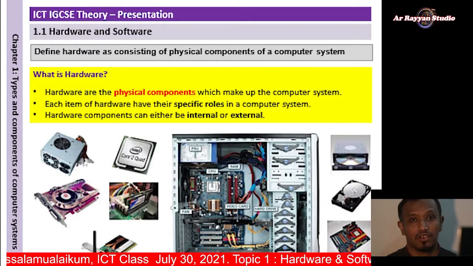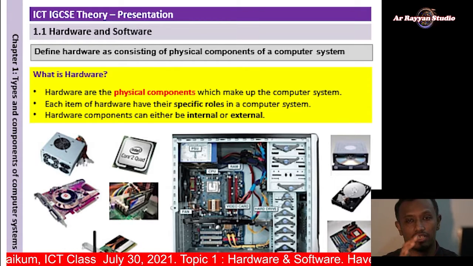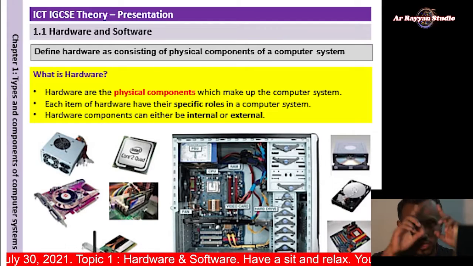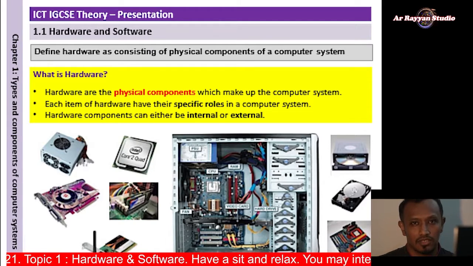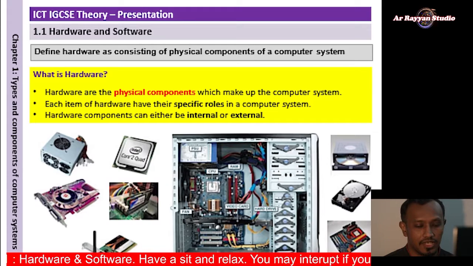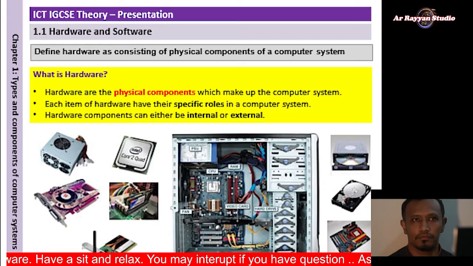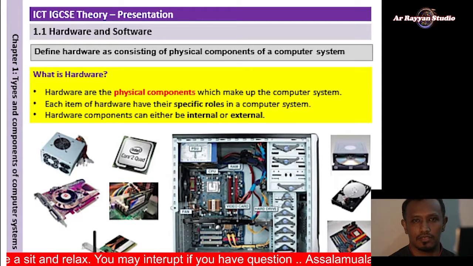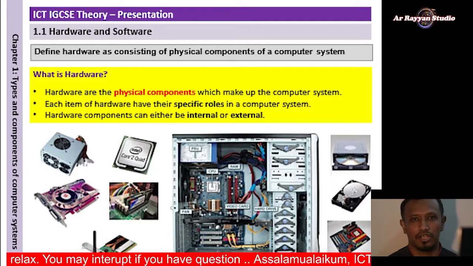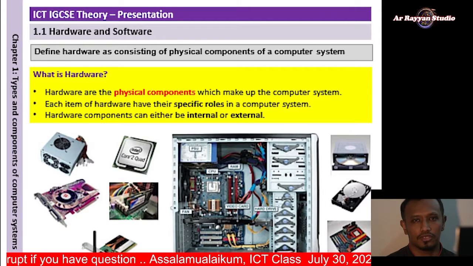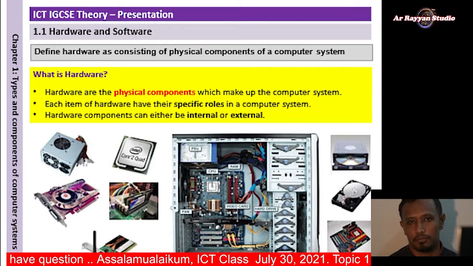Internal means inside the PC. The big box we call a PC. Sometimes people call it the CPU, but the CPU is actually the brain of the computer. So other people say it is a PC.